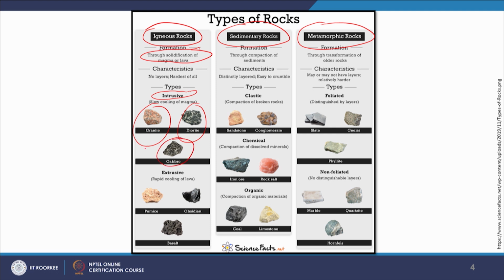Now there may be a middle rock in that sense, not as large-grained, which is gabbro. Then there are different types of rocks which are called extrusive rocks. So you can have pumice, you can have obsidian, and you will have basalt. Now these are very, very fine-grained rocks. Pumice will have a lot of vesicles or pore spaces which are empty.